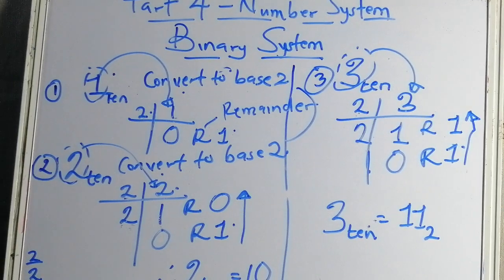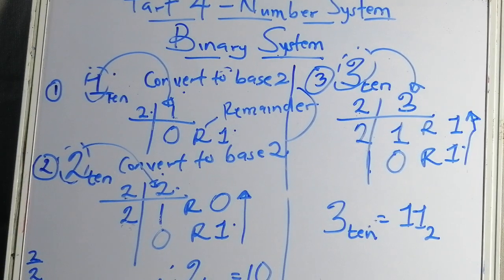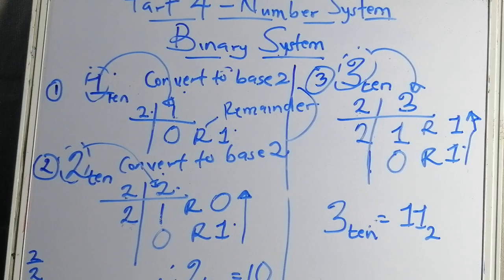Okay, and don't forget, I've said it, in binary, the value you'll be getting is 0 or 1. You won't get a value more than 1 in base 2. Okay, like I said in the table of part 1, for base 2 it is 0 1. You can't get more than that when you're converting to base 2.